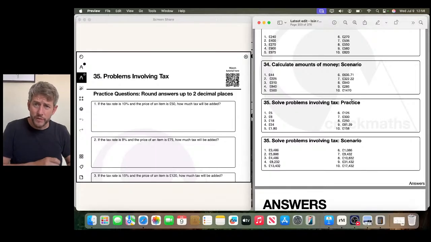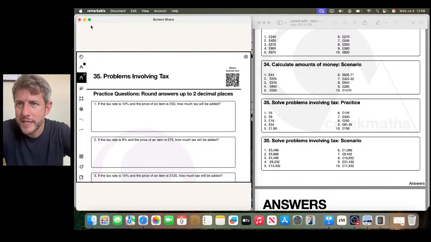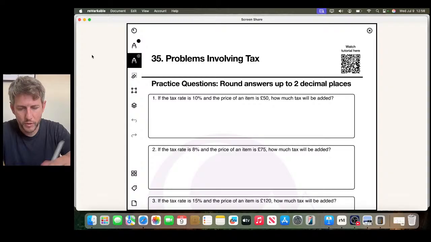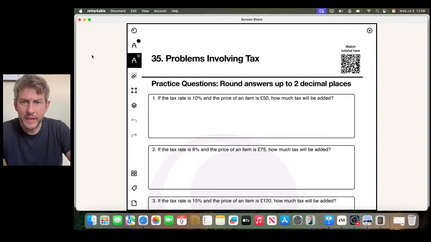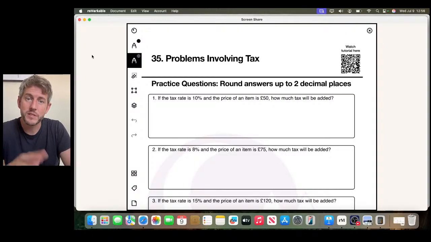which is problems involving tax, which really is just percentage questions. Okay, tax is all about percentages, so let's see how this goes. Right, so if the tax rate is 10% and the price of an item is £50, how much tax will be added?